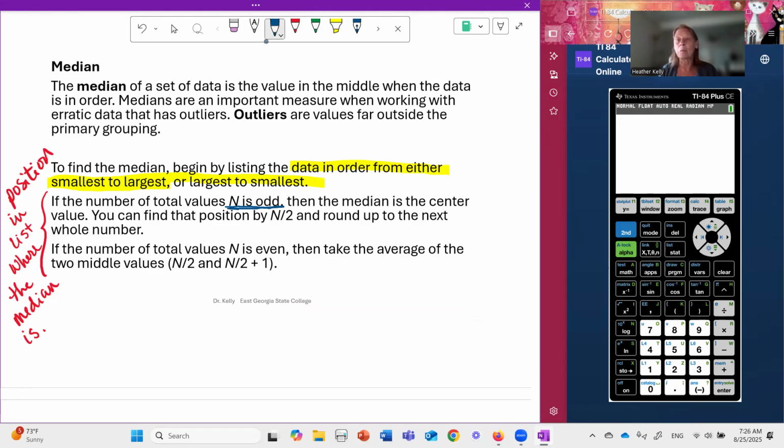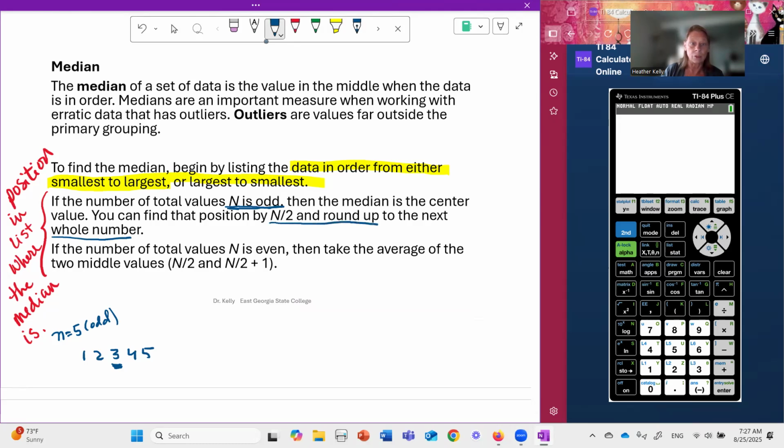And if you think about five numbers, like 1, 2, 3, 4, 5, if it's an odd list, this would be n is equal to 5, which is odd, right? If it's an odd list, then what this says is we can find n divided by 2 and round up to the next whole number. That's how we do this.